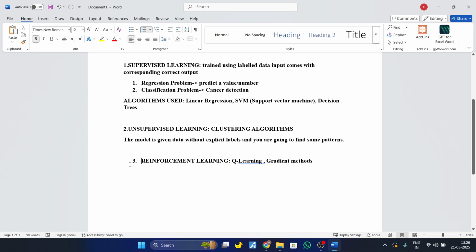And if it goes to an environment which is punishing or giving it a penalty, it will understand that this is a bad environment. So in reinforcement learning, the machine is trying to learn by itself through this concept of reward and penalty, right? We also looked at the algorithms which are used for reinforcement learning, that is the gradient methods and the Q learning based algorithm, right?